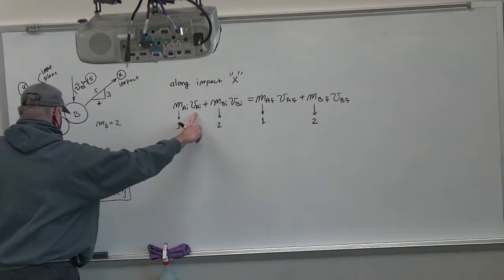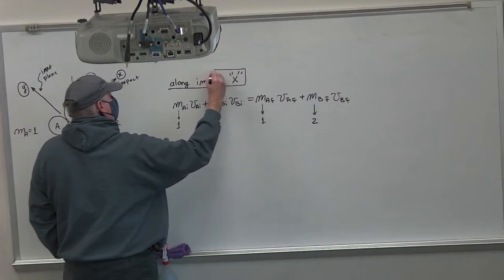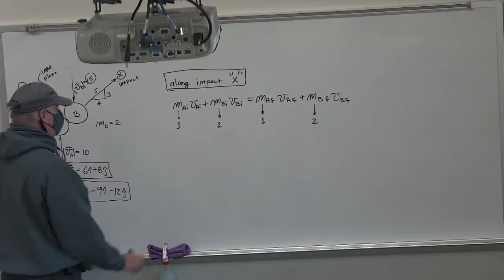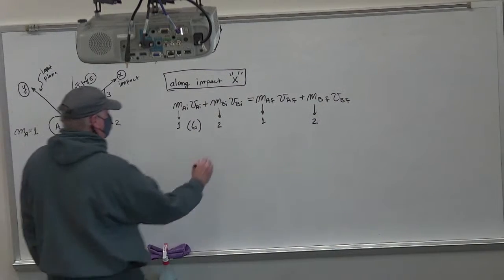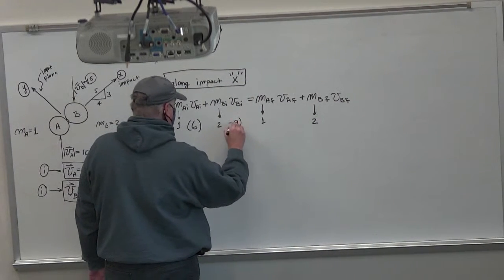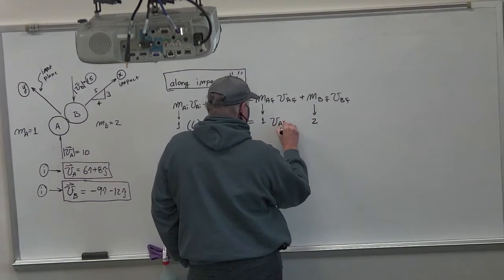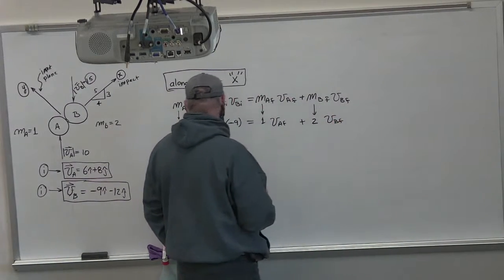VA initial along the x-coordinate, you just pluck off the x's. So I get a 6 for A, I get a minus 9 for B, and that's what I'm stuck with.